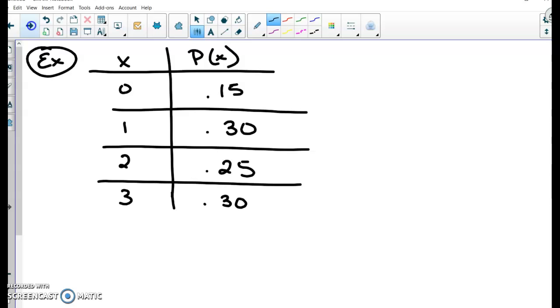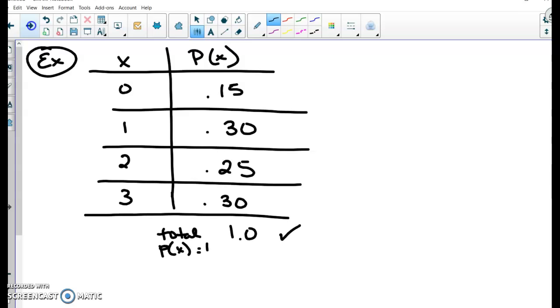So if I look at this, I'm saying that the probability of a 0 is 15%. The probability of a 1 is 30, probability of 2, 25, probability of a 3, 30%. Now, remember, the total of P(x) has to equal 1. And if I add all those up, it does.